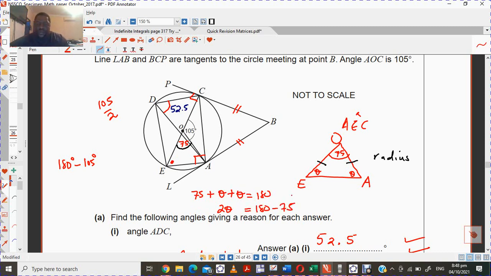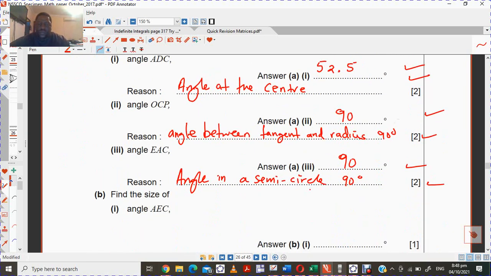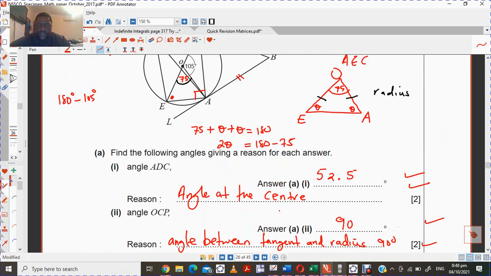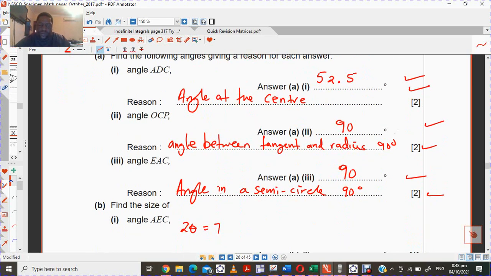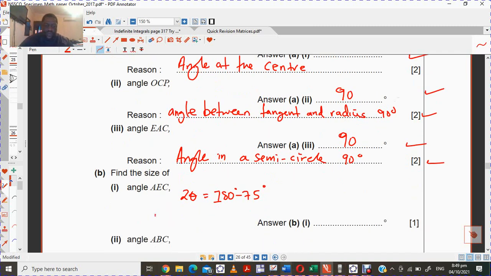So I'm saying 2 theta equals 180 minus 75. So in order for me to find that angle, I'll be taking half of 105 degrees. Again, it brings me to 52.5.